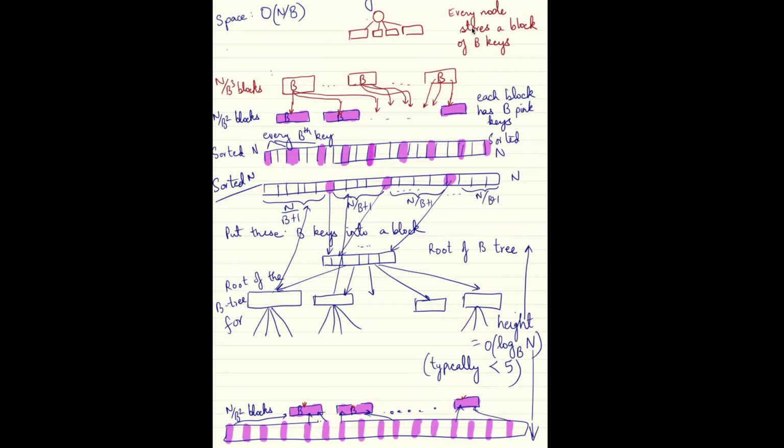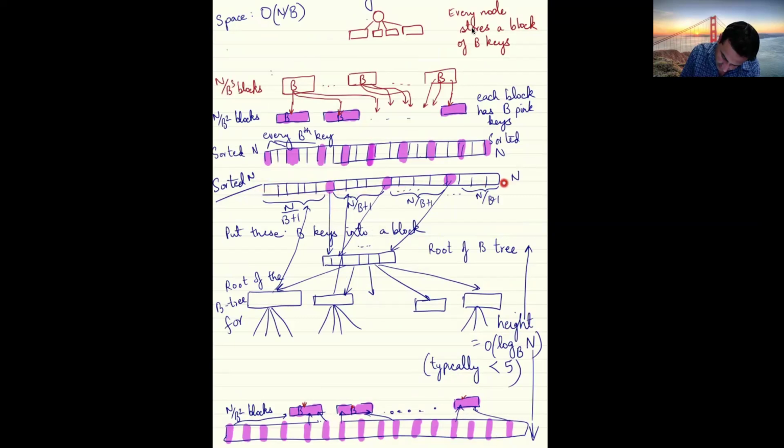Because a block can only hold B elements. So what you mean is you have the whole n array, and you break it into B equally sized subarrays. Each subarray is length n over B plus 1, and the dividers of these subarrays, there'll be B of them, right? Because I have divided my whole array into B plus 1 smaller arrays.